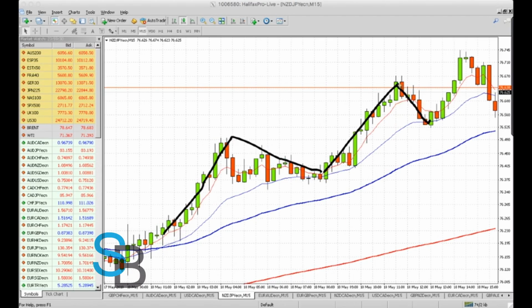Okay, so we see that pattern like that. Okay, so this swing high is higher than the previous swing high. Okay, and this swing low is higher than the previous swing low, right? So this is where we buy.